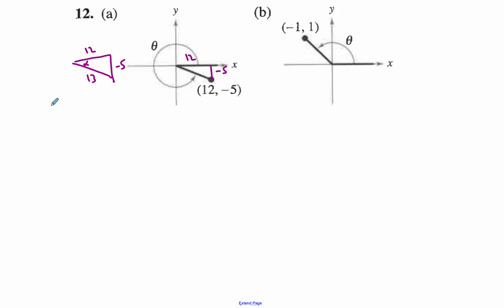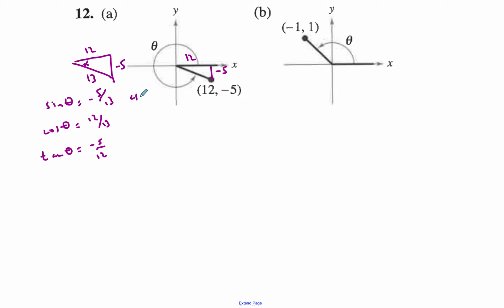And then we can just find the sine, cosine, and tangent of this by simply, well, opposite over hypotenuse. And notice that the negative means that it's going to be in the appropriate quadrant. So we still need to treat that as a -5. And then the adjacent over hypotenuse, and then the opposite over the adjacent.